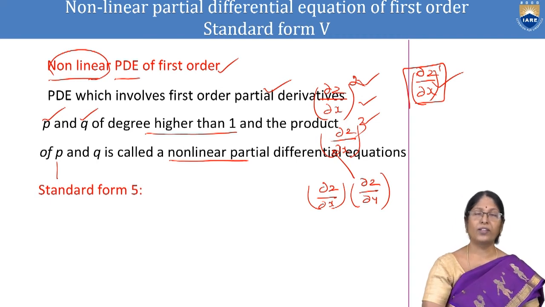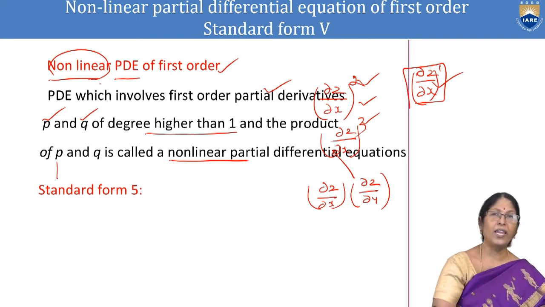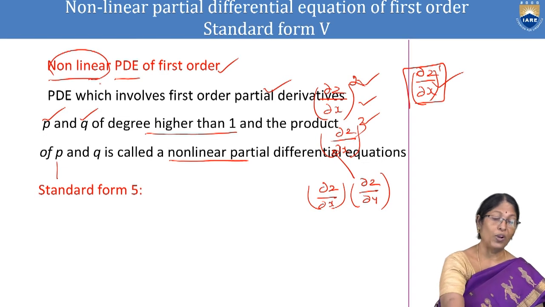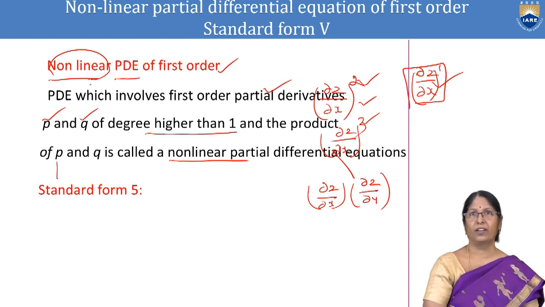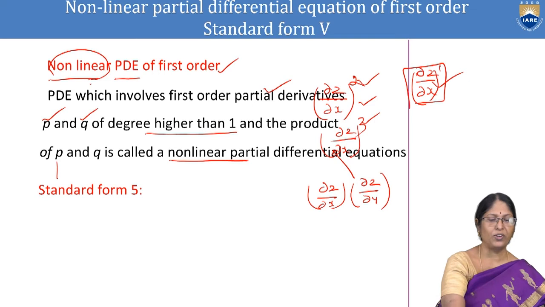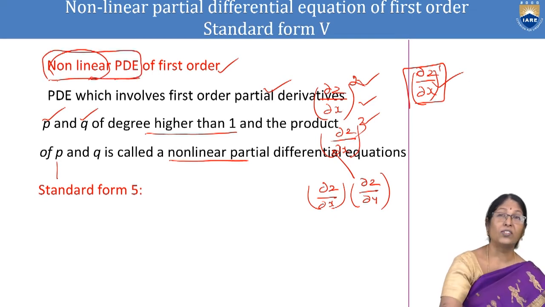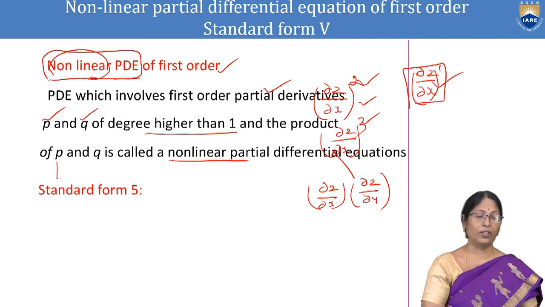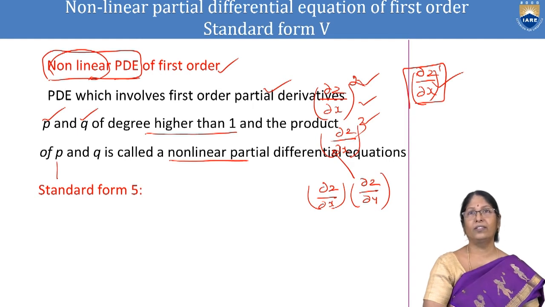In this lecture we are going to concentrate completely on standard form 5. These non-linear equations also we have to solve. Non-linear partial differential equations are a challenging task in the engineering field because of the physical significance that engineering, science and technology demand.